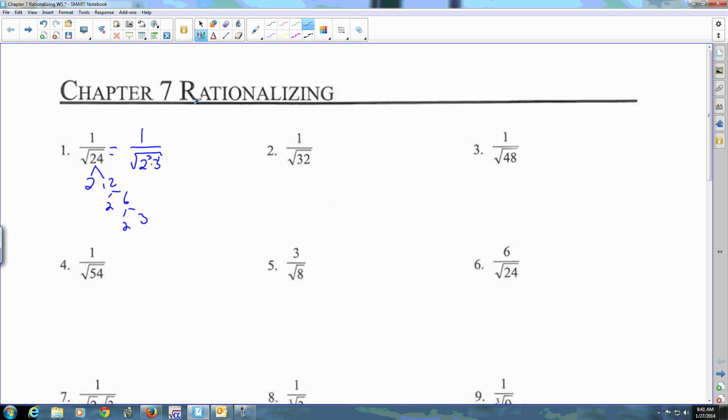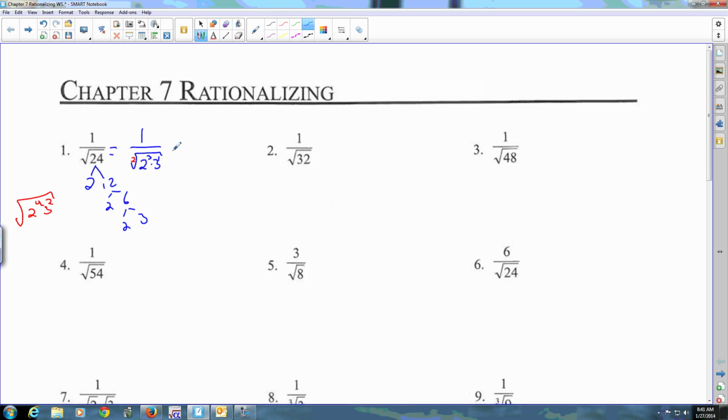What you guys have been seeing recently is if, and this is a big if, you had the square root of 2 to the fourth, 3 squared, then everything would come out. But we got a 2 cubed and 3 to the first. That needs to be a 4, that needs to be a 2. In other words, the powers need to be multiples of this root.